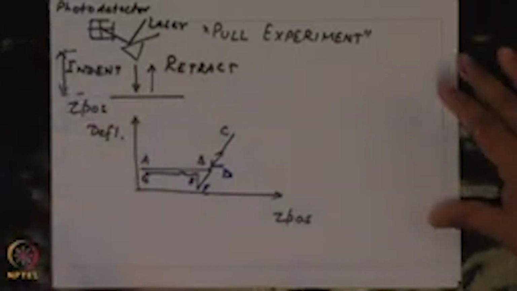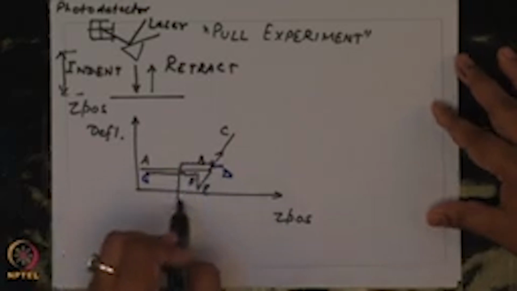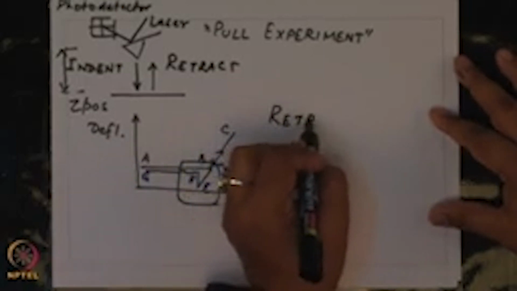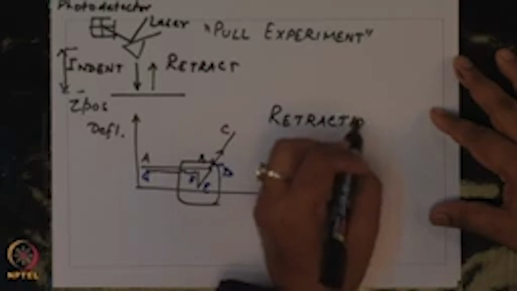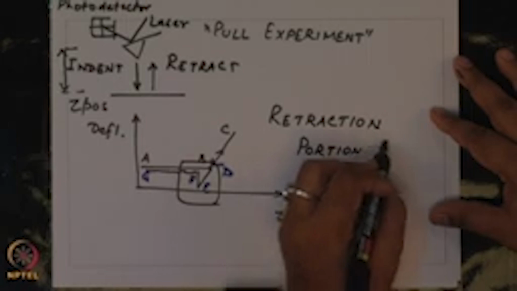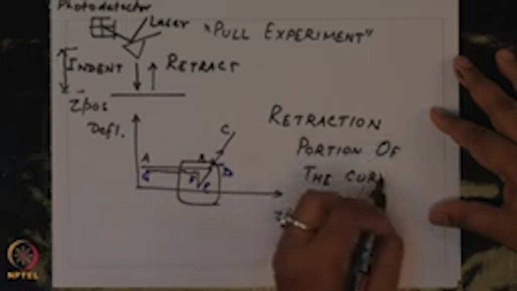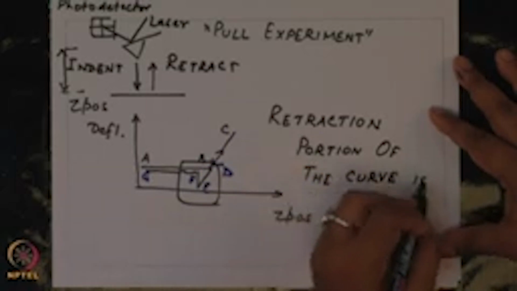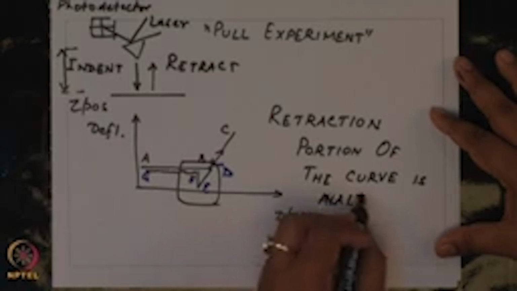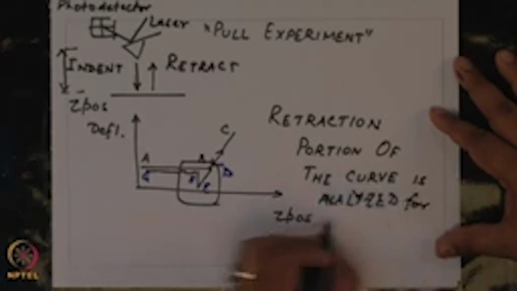For protein unfolding studies, we are interested in the retraction portion of the curve, so the retraction portion is analyzed for protein unfolding studies.